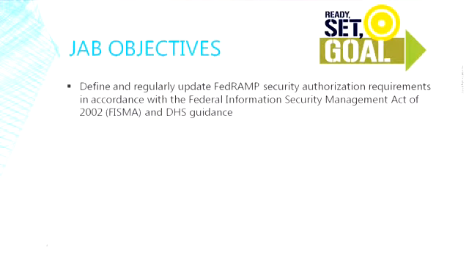The objective of the Joint Authorization Board is to define and regularly update FedRAMP security authorization requirements in accordance with the Federal Information Security Management Act of 2002 and Department of Homeland Security guidance.